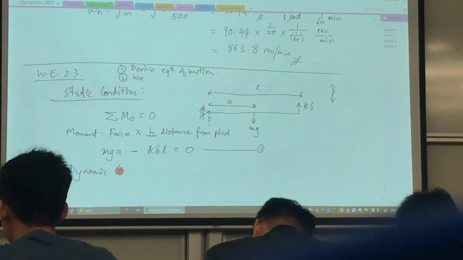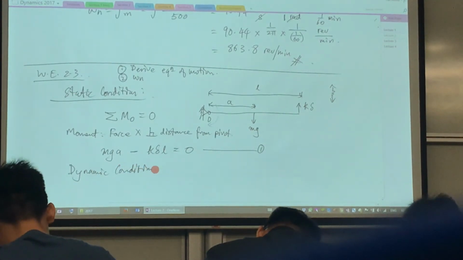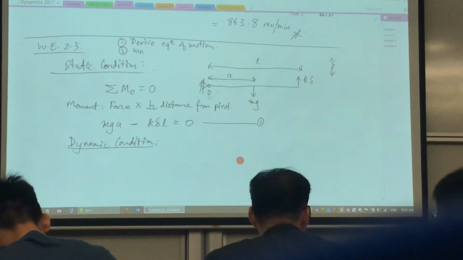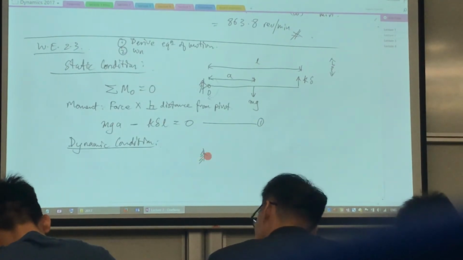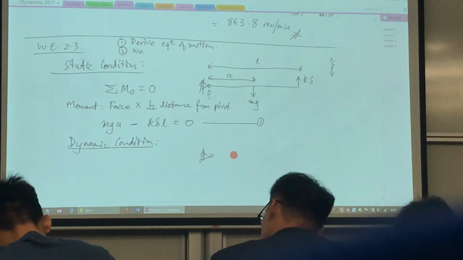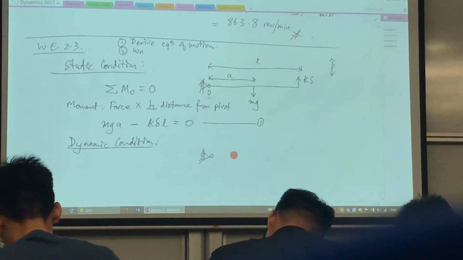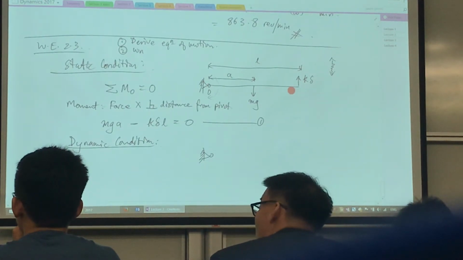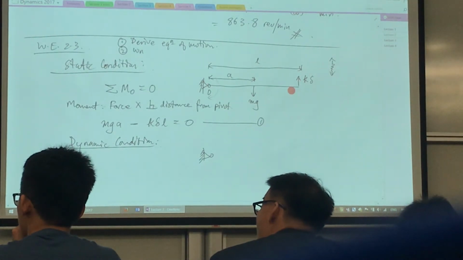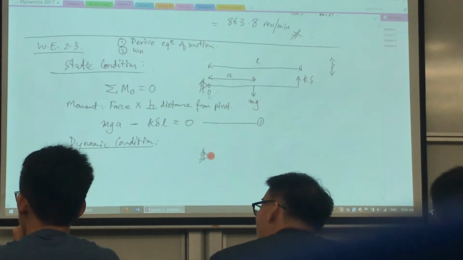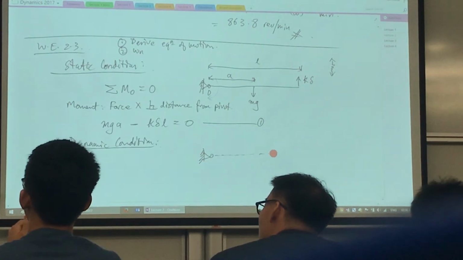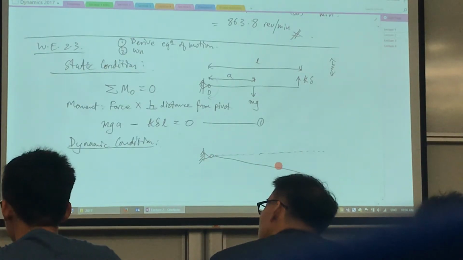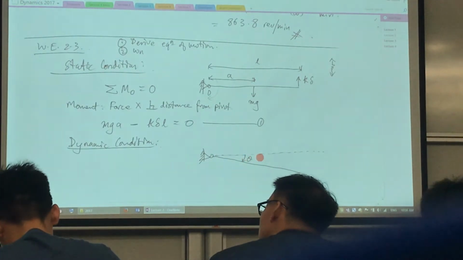For the dynamic condition, I'm going to sketch it again, and I want you to notice how I go about sketching. In dynamic condition, this beam here will be rotated downward. So if this is my datum, the beam now will be rotated this way, theta.